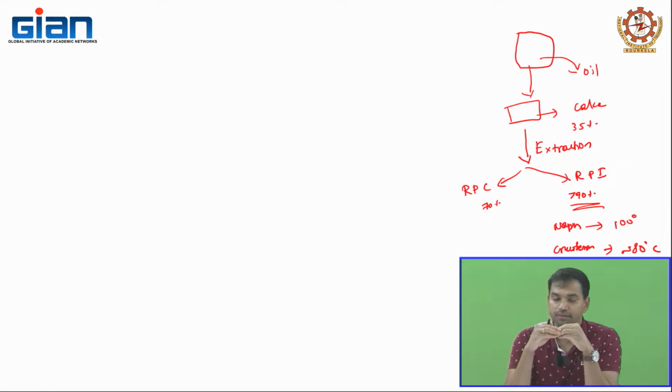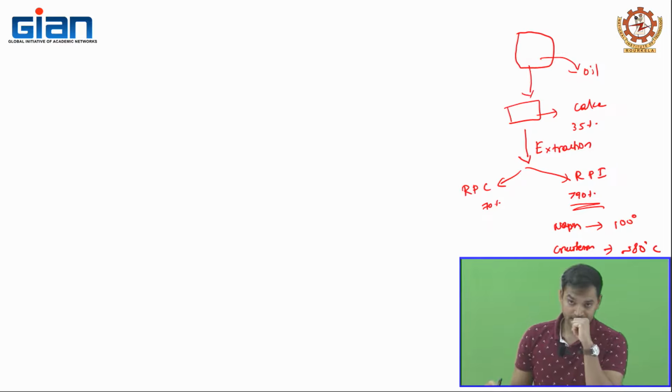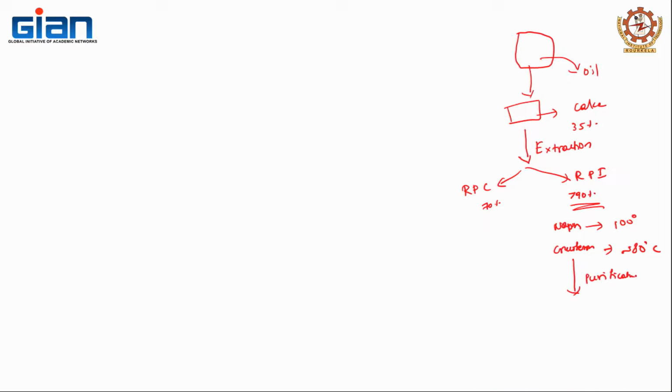Make sense? Since they have different properties, I will start using purification technologies. Somehow I can take a napin fraction out, and somehow I will take the cruciferin fraction out. This is different from extraction.